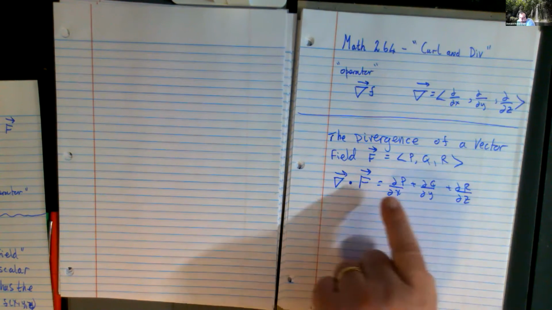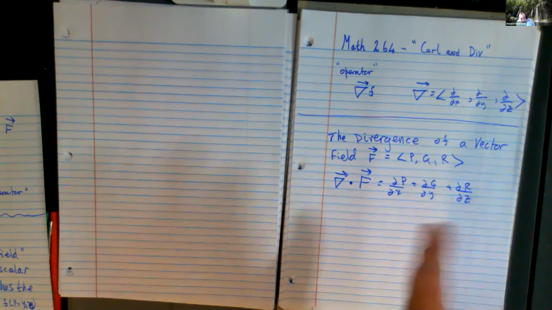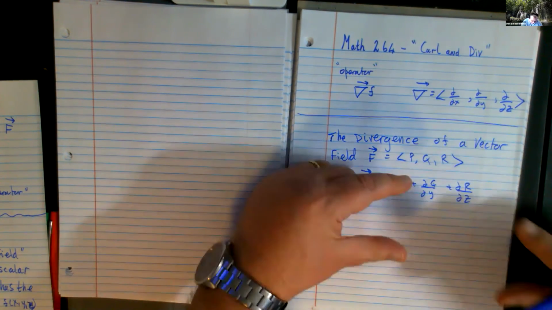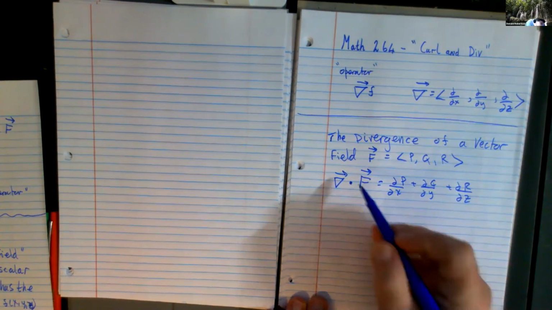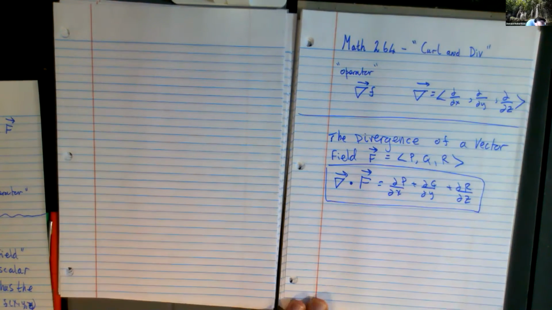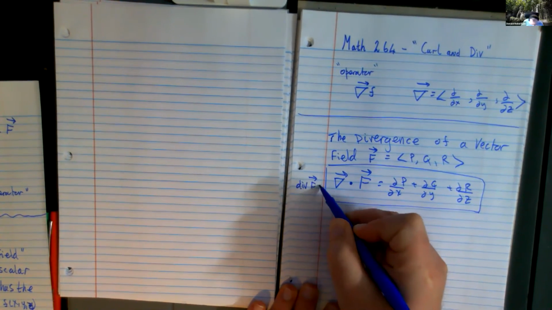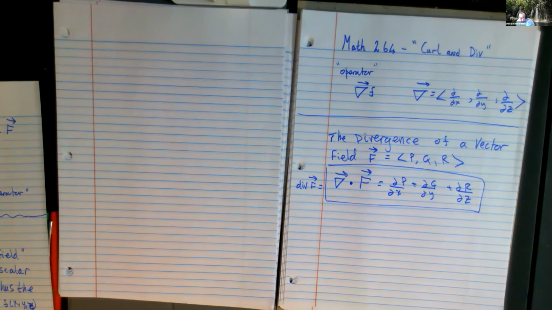You see that that's a scalar. That's a single thing. It's not got a dimension. It's not got little funny brackets, comma, and so on. And that fella is what we call the divergence. And it's normally written as div F. Okay.